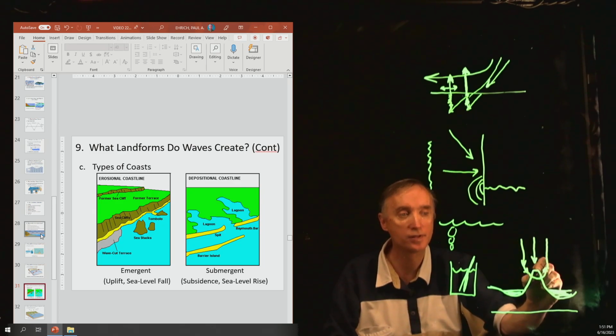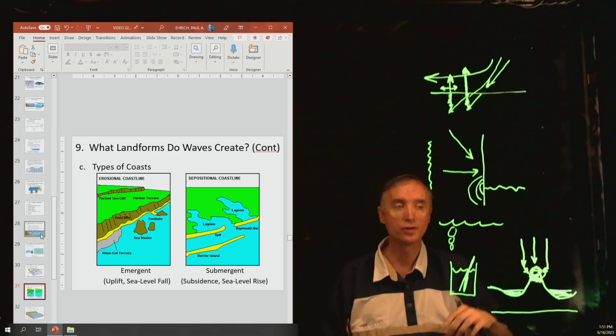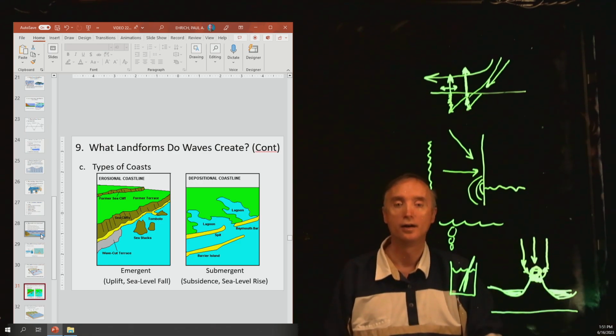And so sometimes they can get connected, and then this material here can be eroded away, and so what you're left with is this thing sticking up out of the water, isolated by itself. And so that's going to be called a sea stack when that happens. You're also going to have cliffs as a result of it.